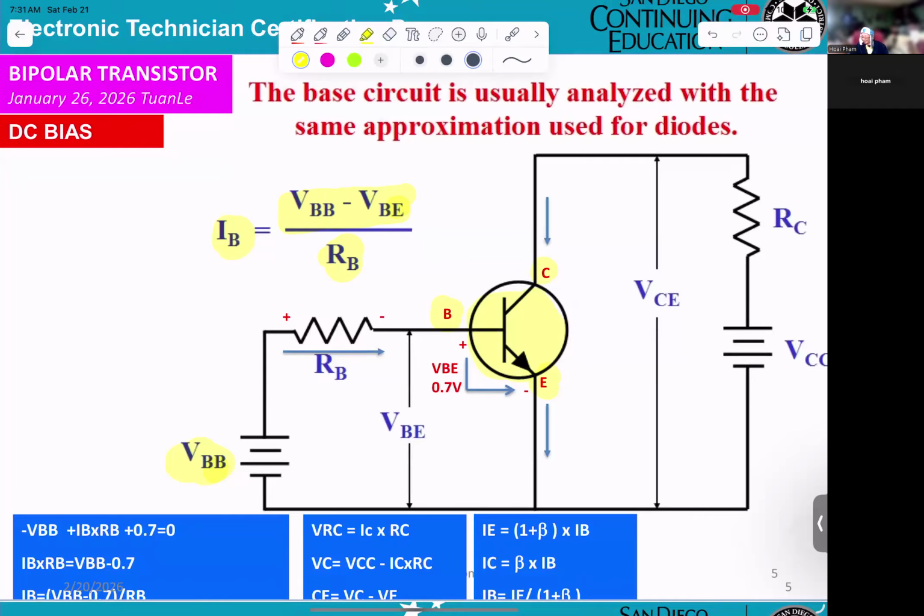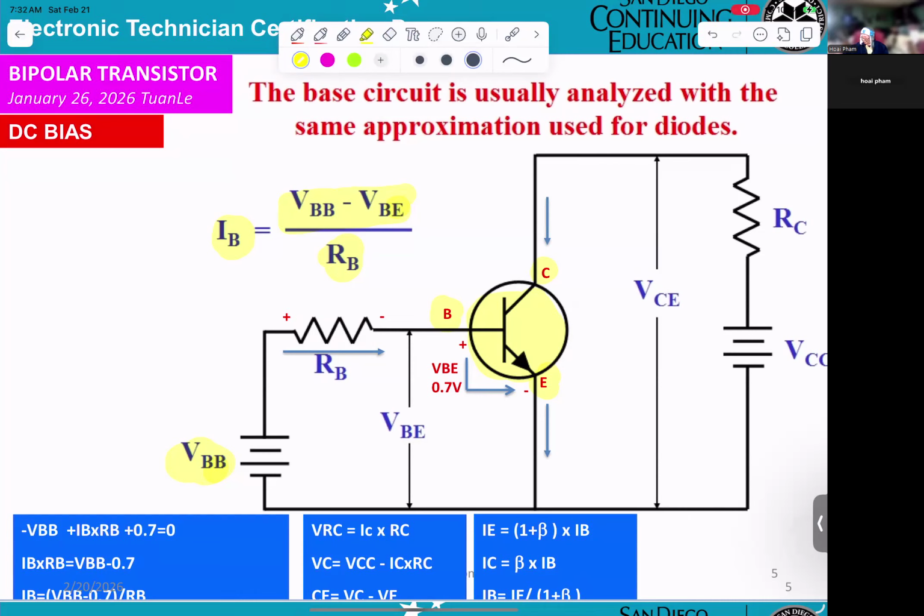That's easy to calculate the current. Okay? So, if you get the current IB, you can calculate the current IC. Now, you know IC equal beta times IB.